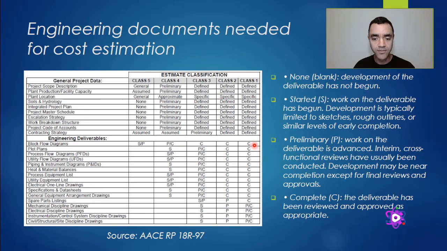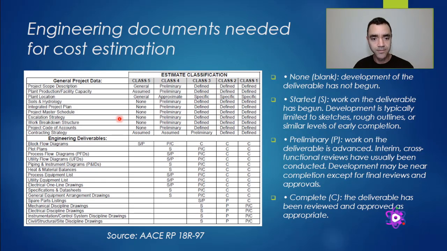Considering that you have this engineering documentation available, you are able to reach Class 1 cost estimation. You will not define that the cost estimation is Class 3 and then do the documentation. You have the documentation and your cost estimation can reach the class defined here.